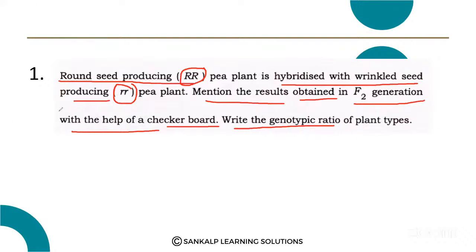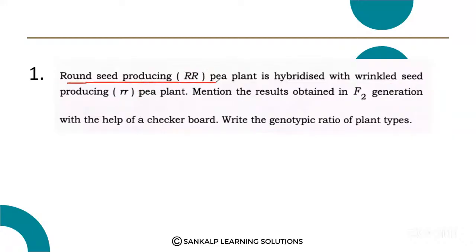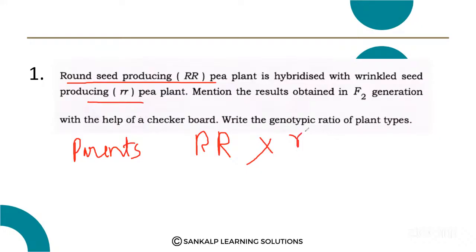Here, round seed producing pea plants are the capital R parents. In the parental generation, capital R is crossed with the wrinkled seed producing plant, small r.